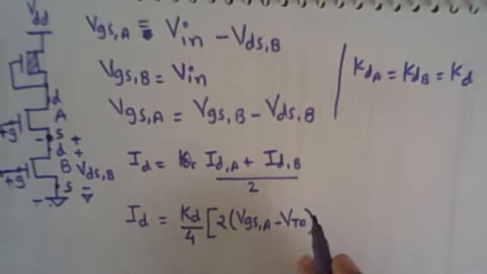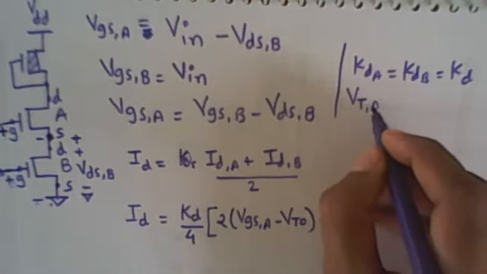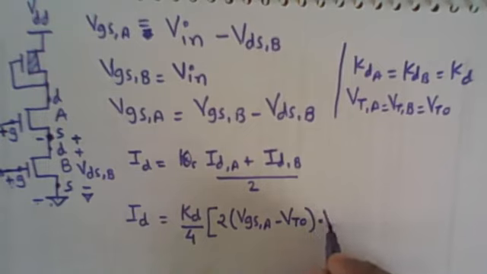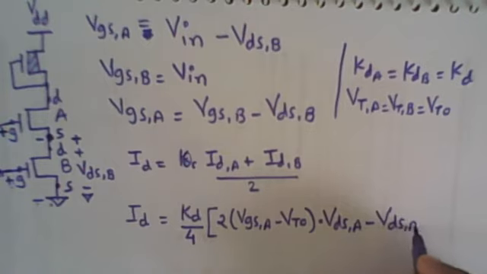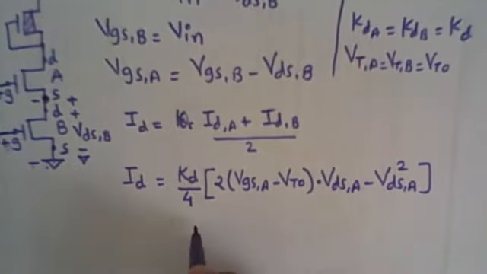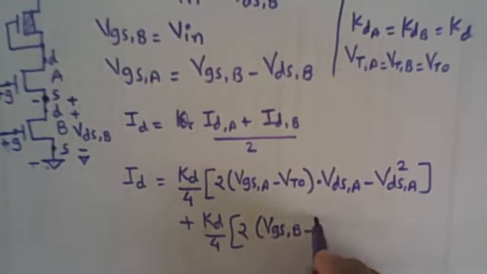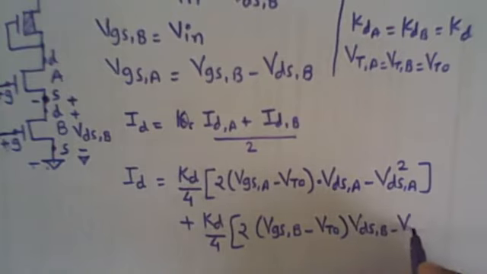Suppose both the MOSFETs have equal threshold, Vt of A is equal to Vt of B is equal to Vto, into Vds of A minus Vds of A square, okay, plus Kd by 4 into 2 times of Vgs of B minus Vto, Vds of B minus Vds of B square.